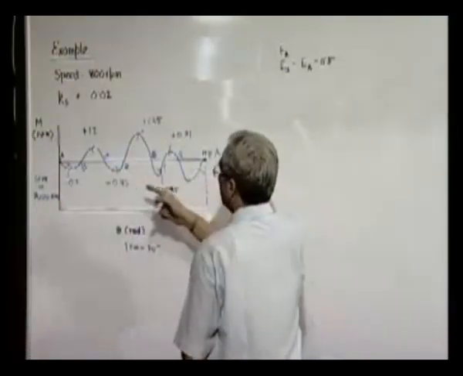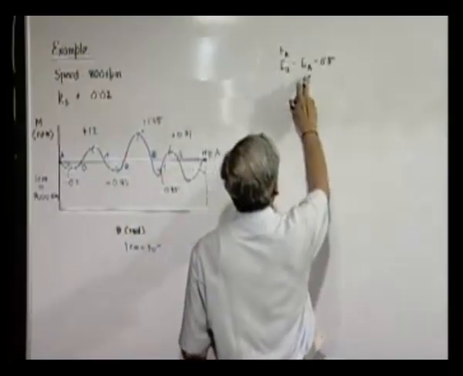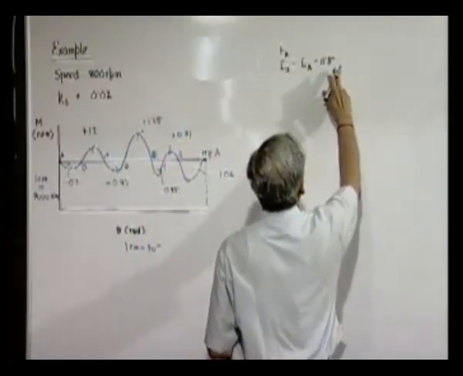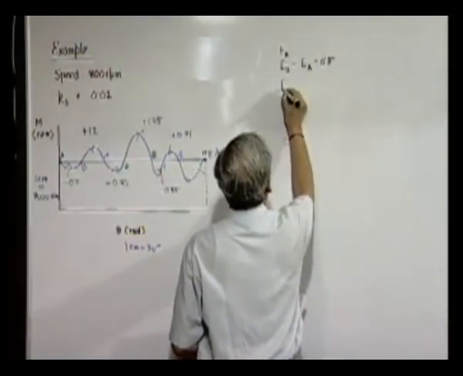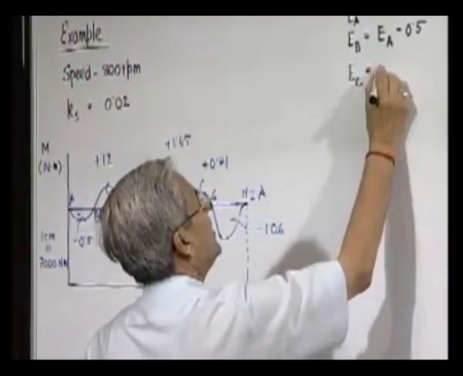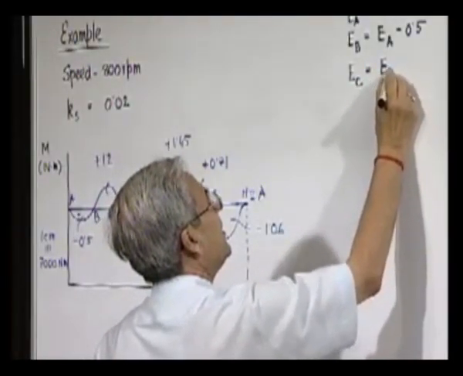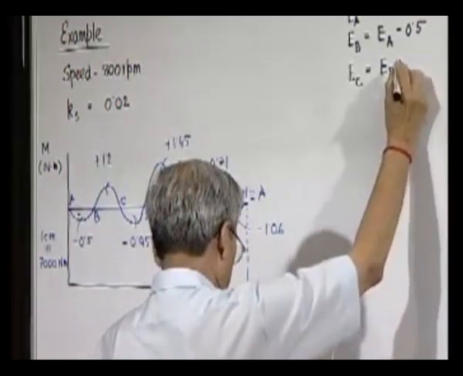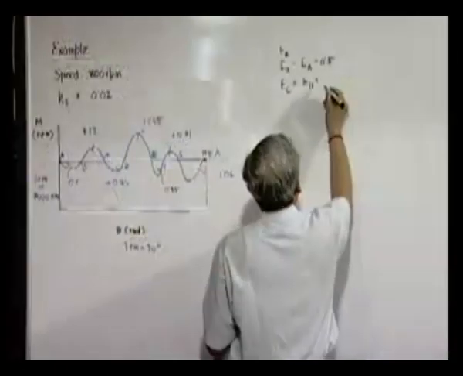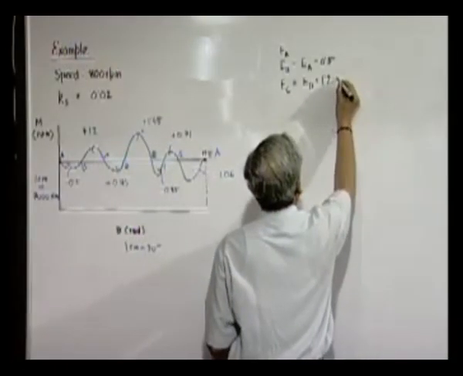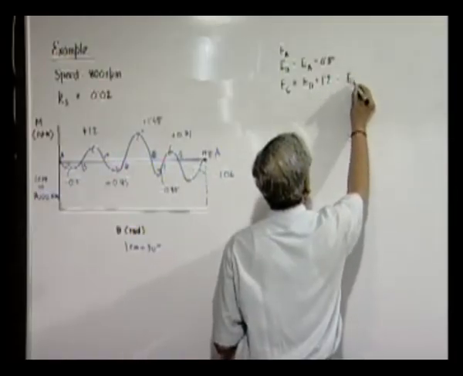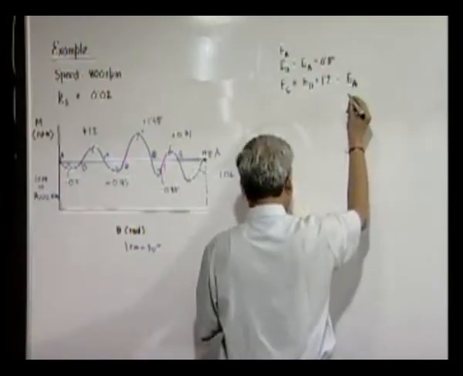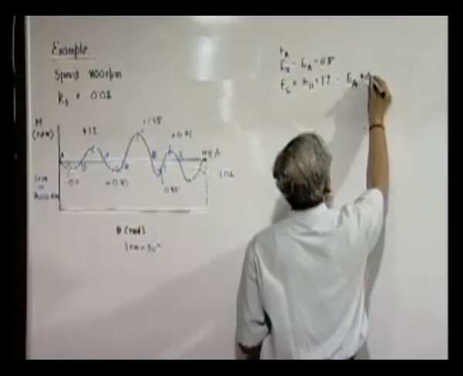So the energy at this location is EA minus the equivalent of energy, which is this. EC will be EB plus 1.2, which is effectively EA plus 0.7.